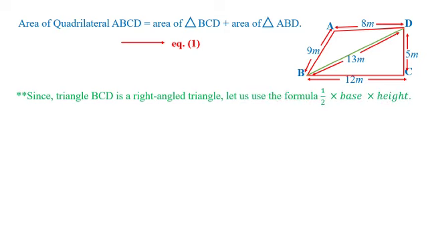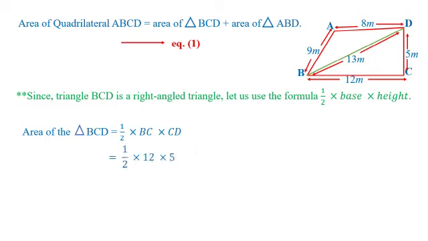Since triangle BCD is a right angle triangle, let us use the formula half into base into height. Therefore, area of triangle BCD equals half into BC into CD, where BC is the base and the perpendicular is CD.